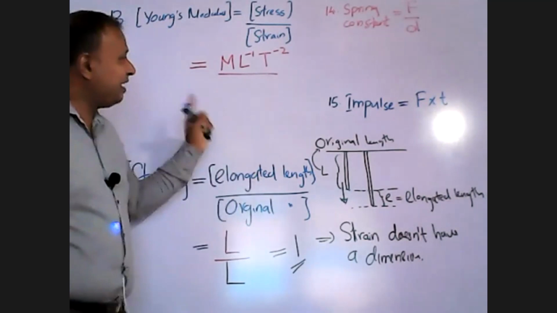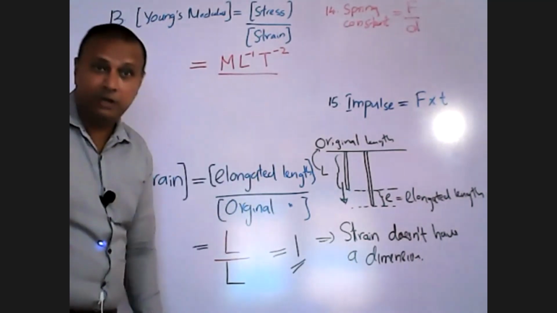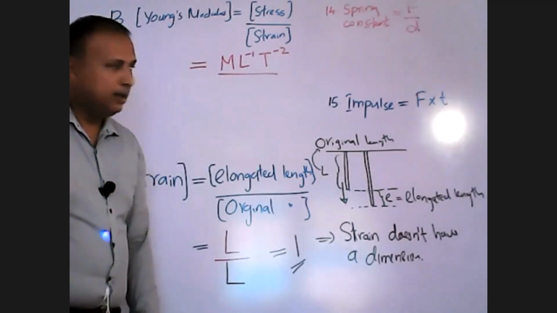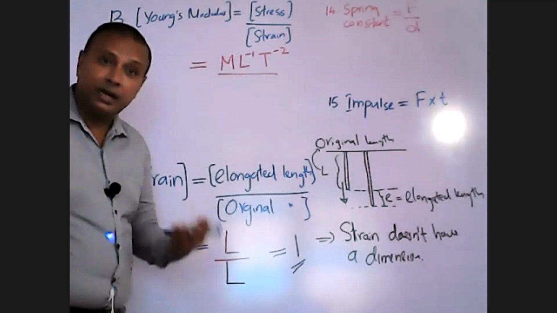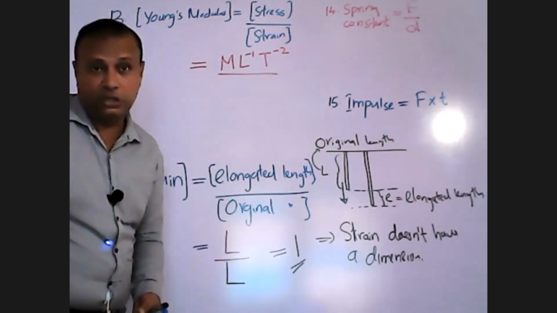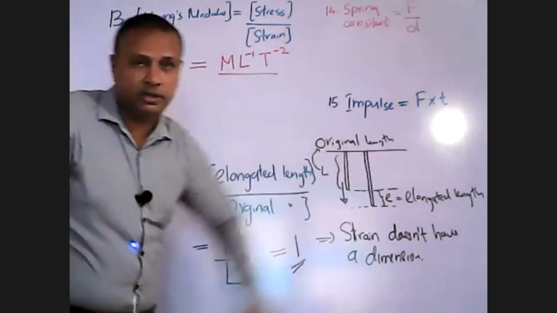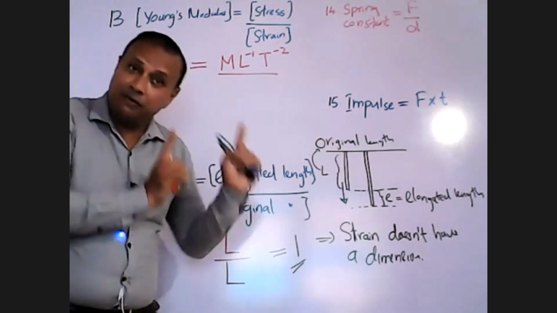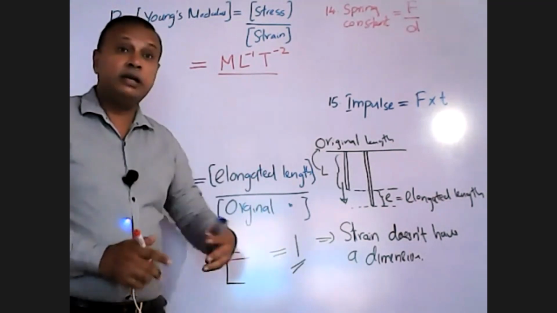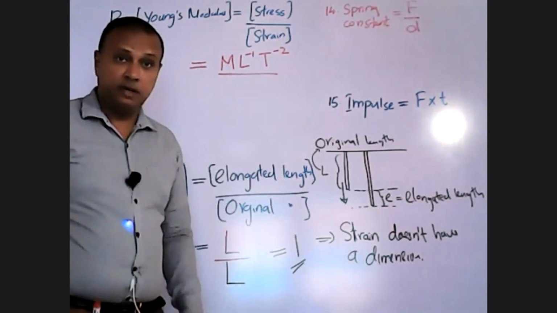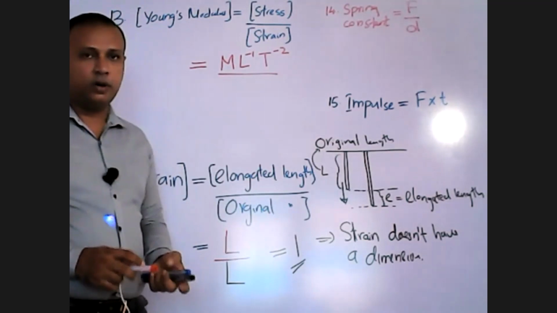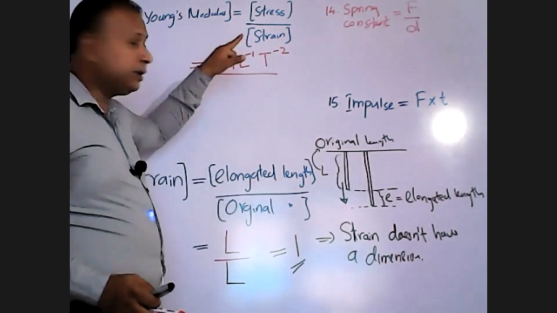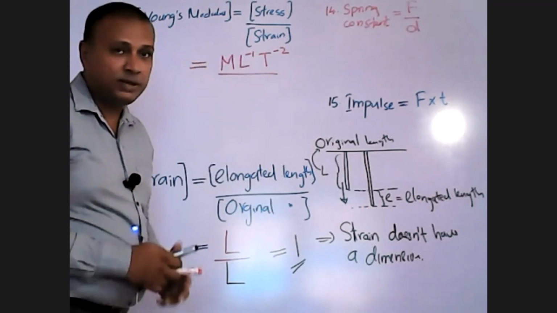So when we are doing calculation, when we are simplifying an equation, we can write its dimension as 1. So now we know strain does not have a dimension.